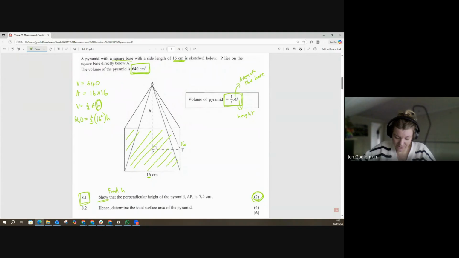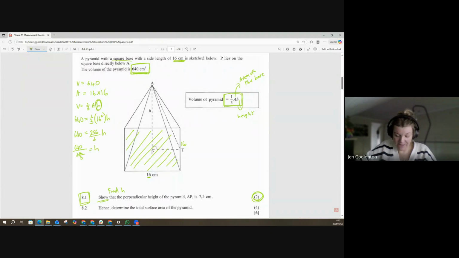So I'm just going to quickly pop this into my calculator. So I'm going to have 640 is equal to 256 over 3 times H. So to find H, I need to divide 640 by 256 over 3.